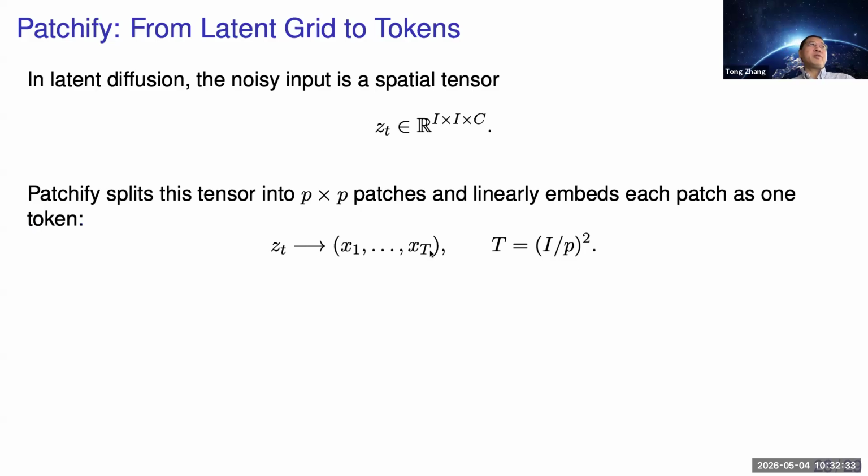Of course, for transformers, attention is quadratic in T, so we want T to be as small as possible. If I increase the patch size from 2 to 4, that greatly reduces T by a factor of 4.